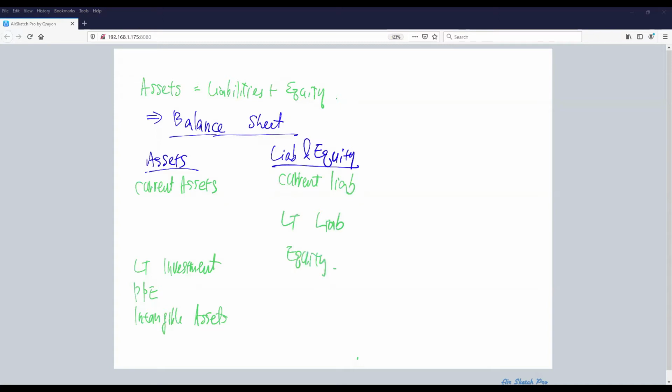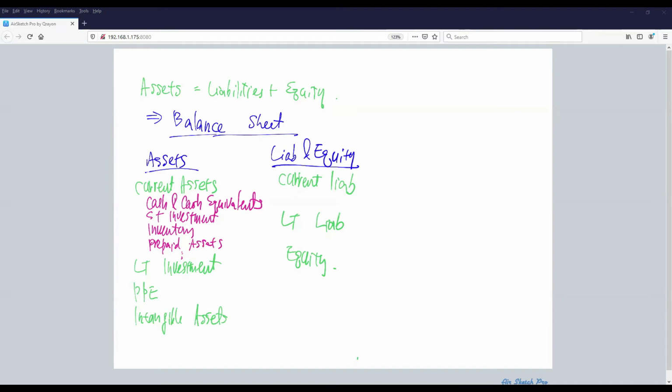And here, what I want to say is within current assets, you can find a lot of different items such as cash and cash equivalents, short-term investments, inventory, prepaid expenses or assets, and the like.